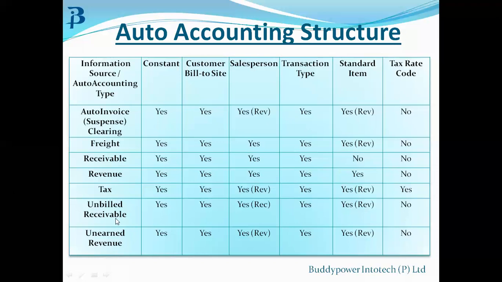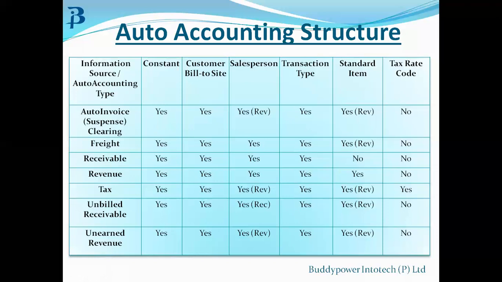If your accounting rule recognizes revenue, here REV stands for revenue and REC is receivables. This is the short form I have mentioned here. In your unbilled receivable account, you can select constant, customer bill-to site, salesperson, transaction type, and standard item value.